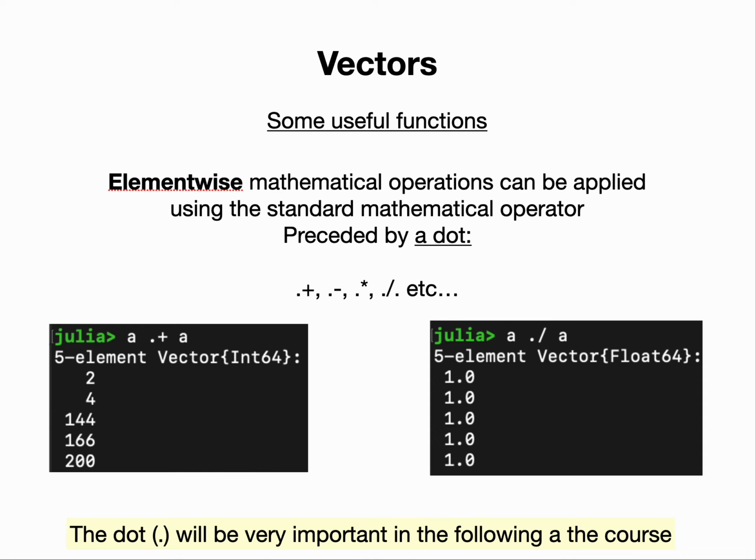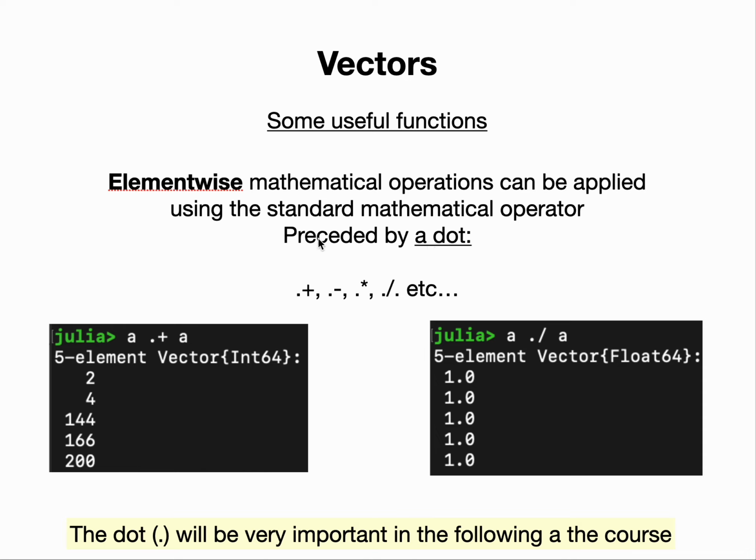And now we need to discuss also some operations we actually already used in the previous exercise, and these are called element-wise mathematical operations. So what is an element-wise operation? It is an operation which is applied to all the entries of a vector. To do an element-wise operation, you will use a dot.